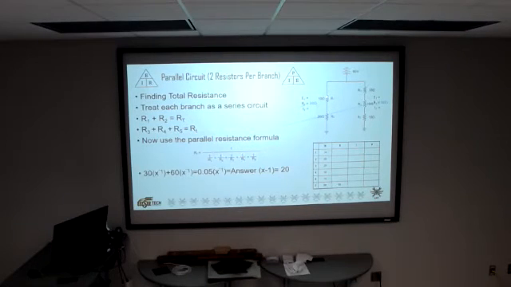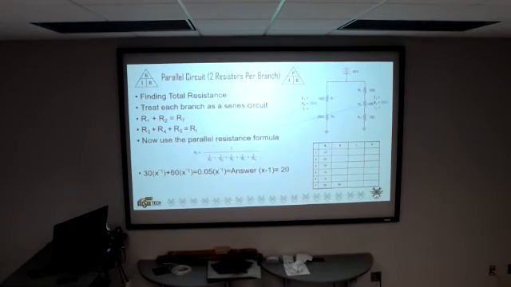So our total resistance for this first branch is going to be 10 plus 20, so our total resistance is 30. And then add up 35, 10, and 15, which gives us 60. So now, what we've technically done is turn this into this. So we have 30 over here, and then we'll have 60 over here.